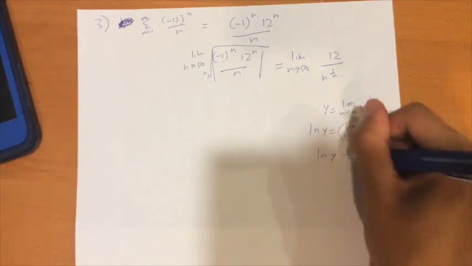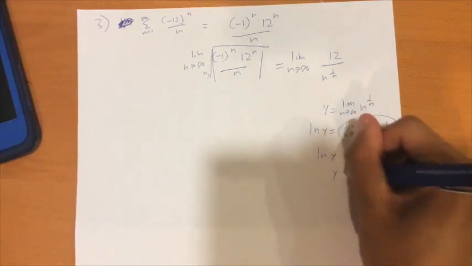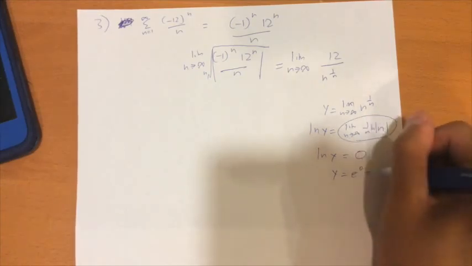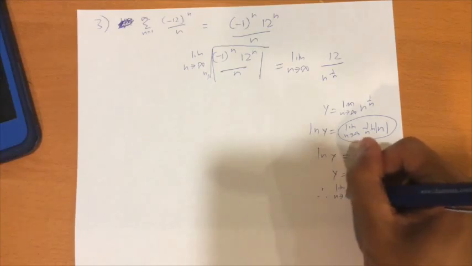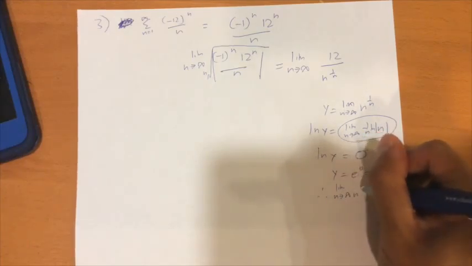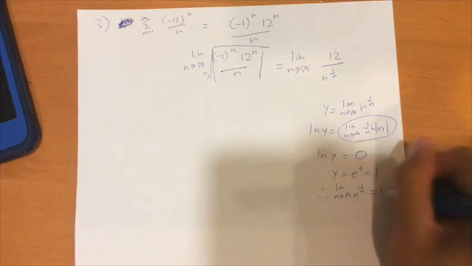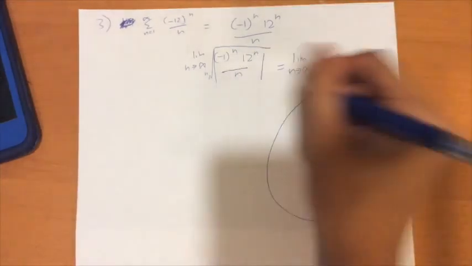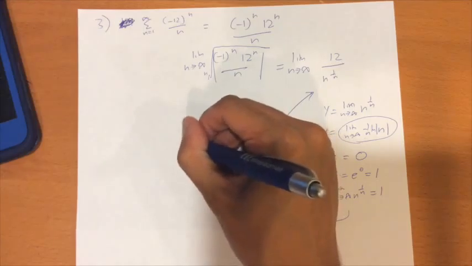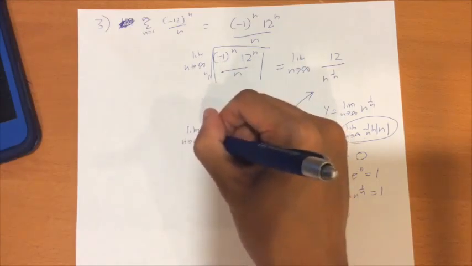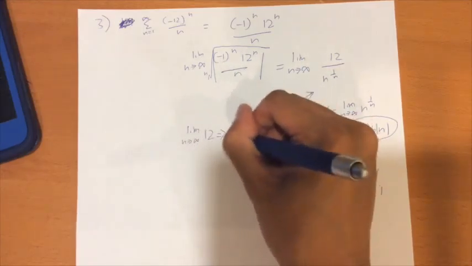So ln y equals 0. And y equals e to the 0, which is 1. Therefore, the limit as n approaches infinity of n to the 1 over n equals 1. So this would just be rewritten as the limit as n approaches infinity of 12, which is just 12.